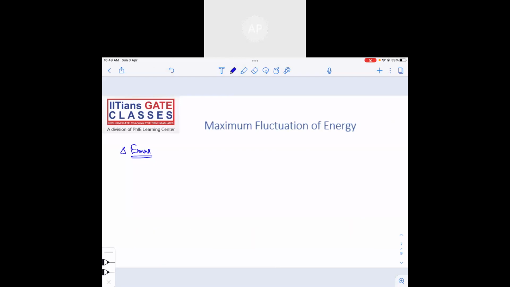Delta E max is kinetic energy maximum minus kinetic energy minimum. What is the maximum kinetic energy? The flywheel will rotate, right? Half I omega max whole square minus half I omega min whole square. This is the maximum kinetic energy and minimum kinetic energy.